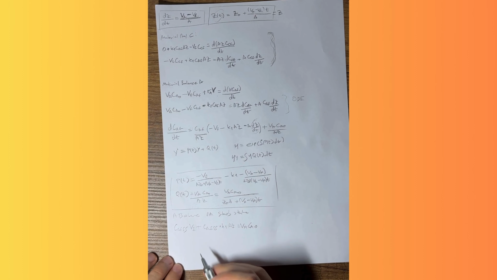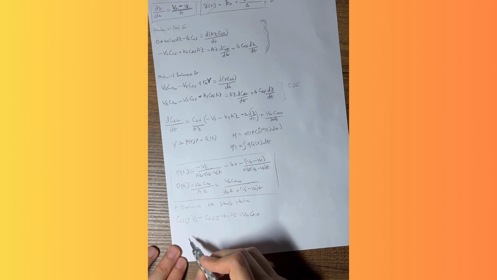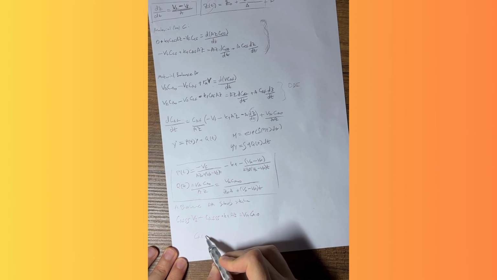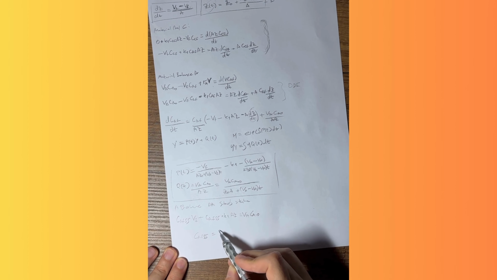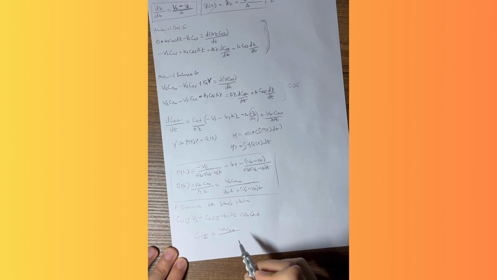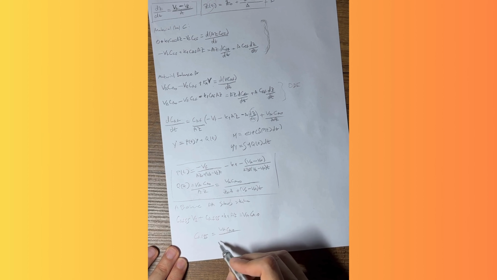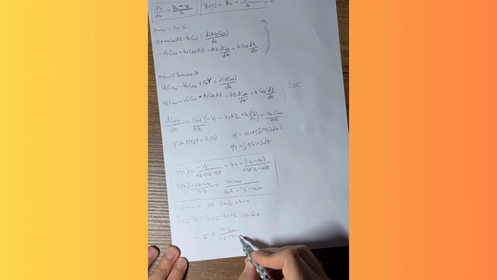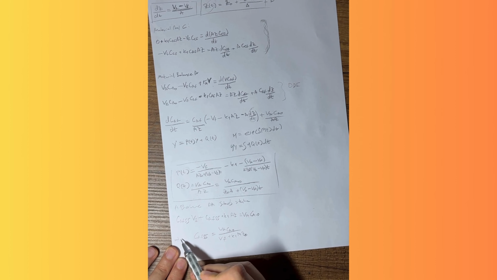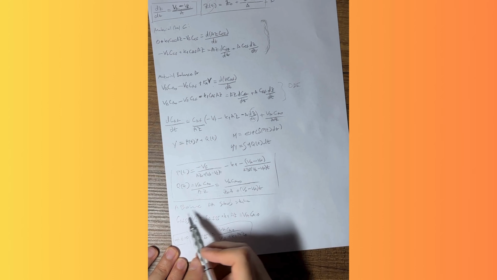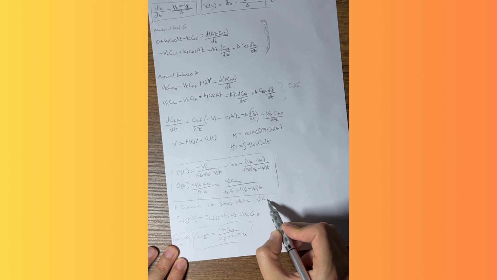Then if we solve for CAF steady state, it equals VA CA0 with respect to VF plus K1 AZ, where Z is Z0 at time t equals 0. Okay, it's our second boundary condition.